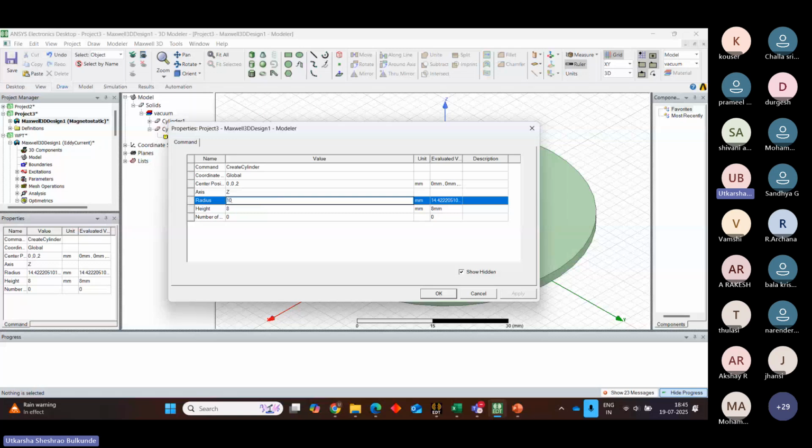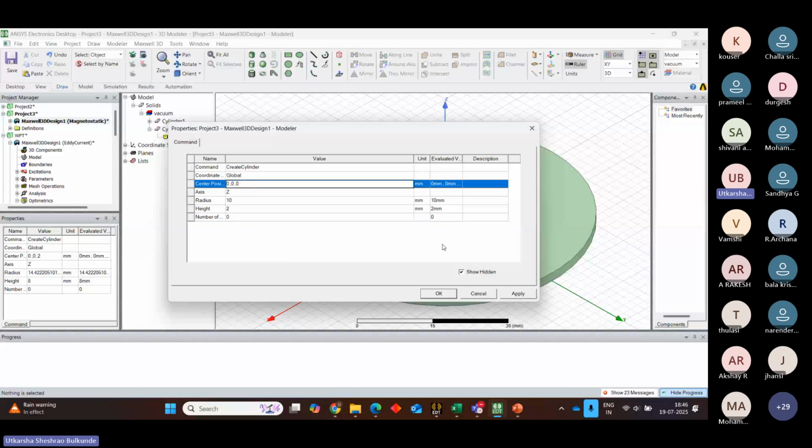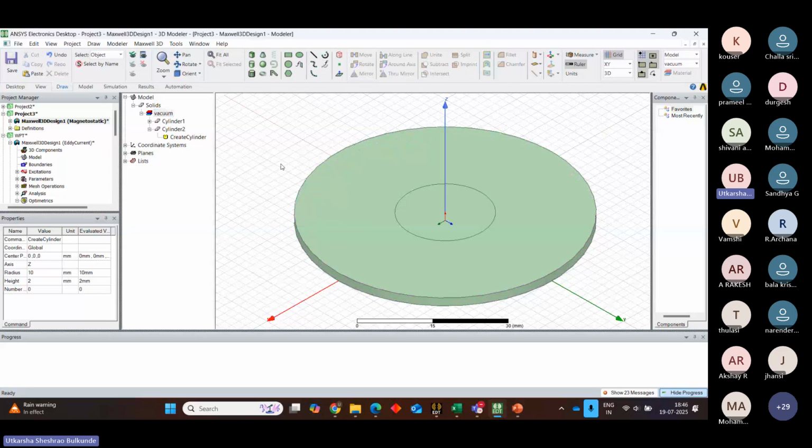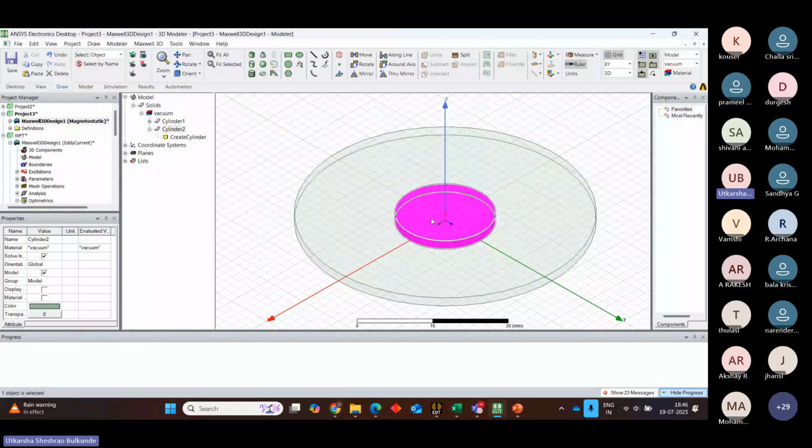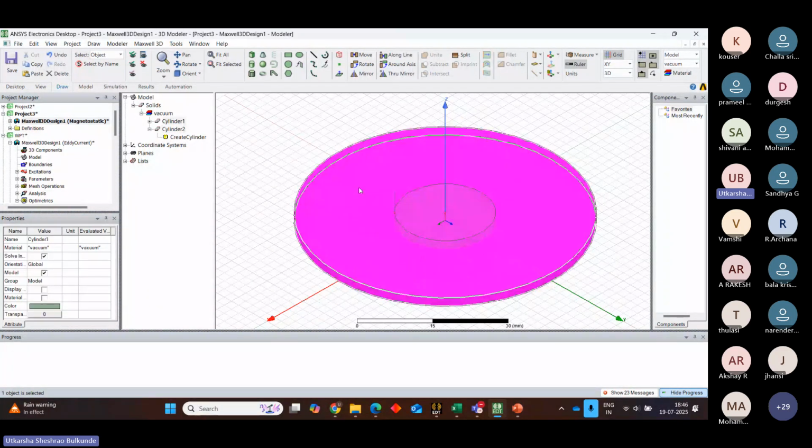Ten is your inner radius, and this is 0, right? With same position. Understood? So this is your inner radius of the coil, and this is the outer radius of your coil.